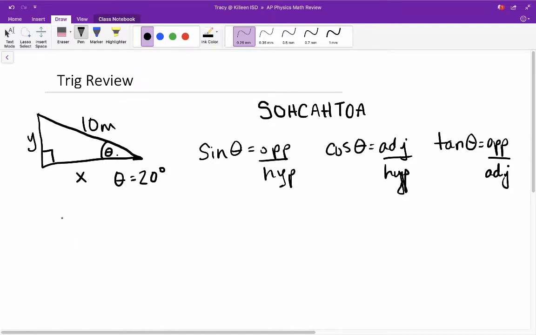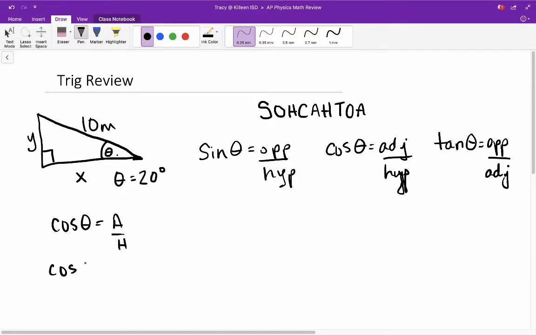So with my right triangle, if I'm looking at this angle, then this is the opposite side to that angle. This one is adjacent. Let's say I'm going to try and find x. So I am looking for the adjacent, so that goes with cosine. If I set this up, cosine theta is equal to adjacent over hypotenuse.